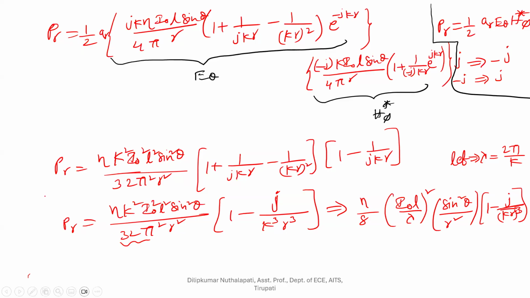Similarly, we will do the power for the transverse component P theta. Let us do that. So P theta is equal to minus 1 by 2 ER H phi conjugate.